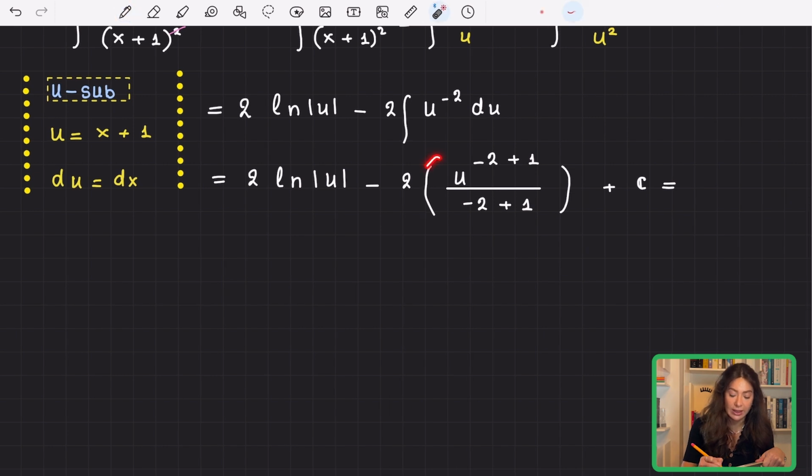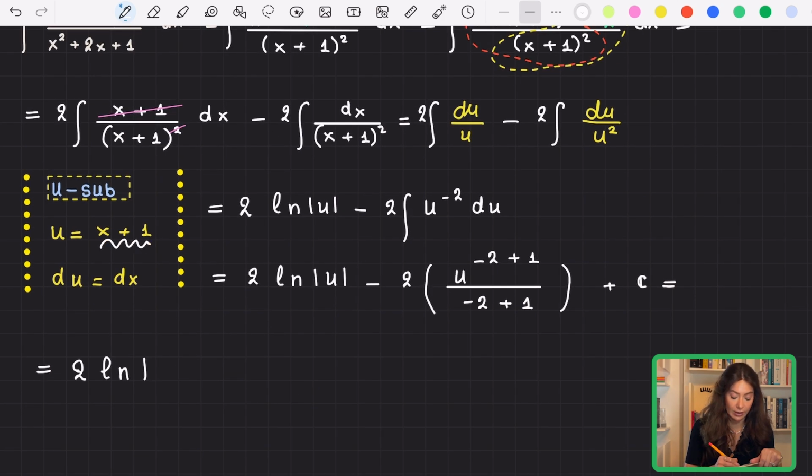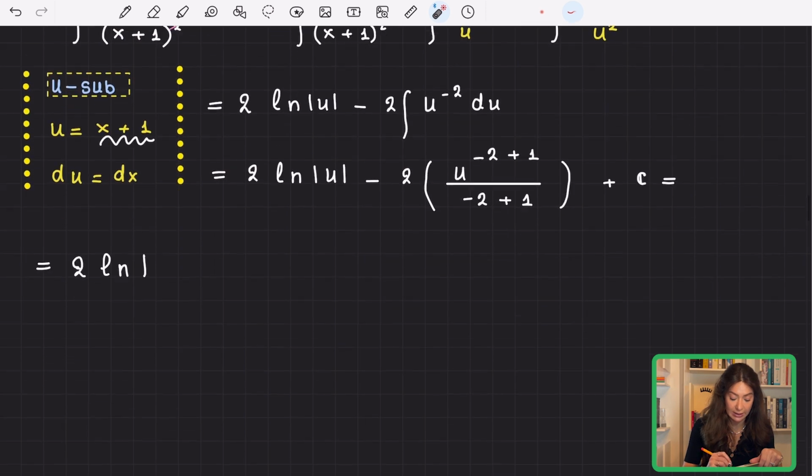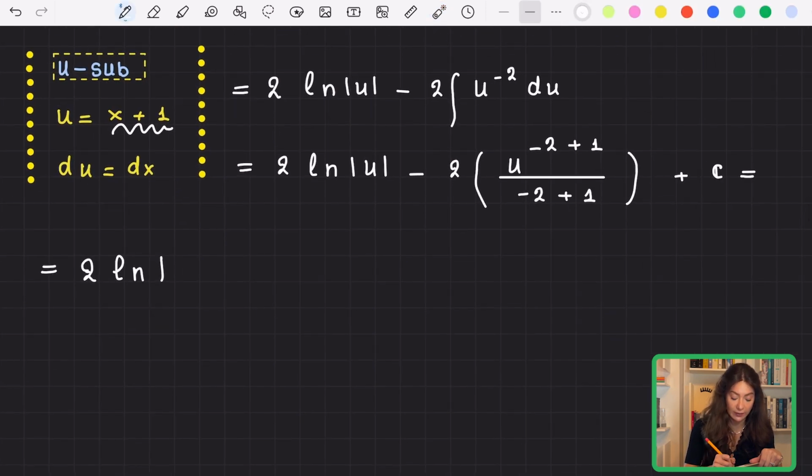Now, obviously, this expression looks a little bit intense and you need to kind of civilize the answer. Oh, and also you need to put back the variable that you were asked the question in, which is x. You can't answer the question in a different language than the question was asked in. It's simply rude. 2 ln, and this is u to the power of minus 1.